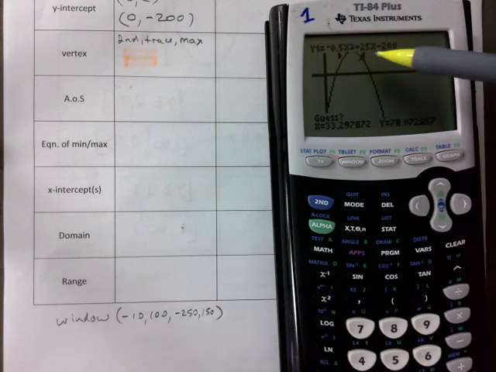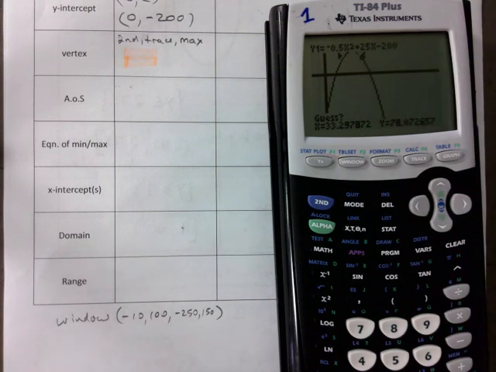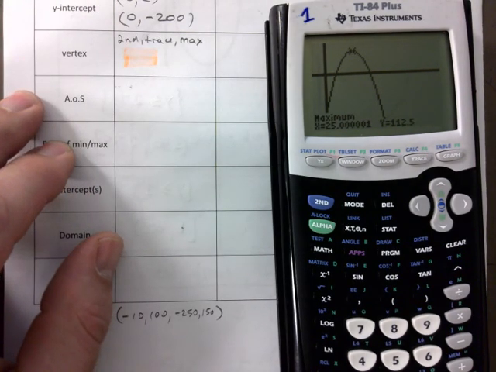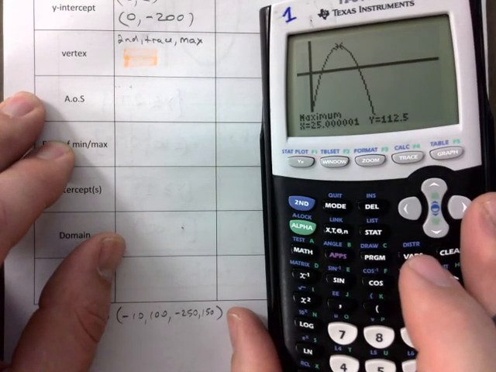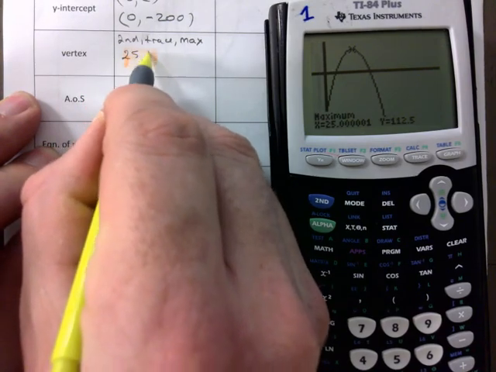Notice you see those two arrows here? As soon as you press enter, there's an arrow. It's saying the vertex is in between these two arrows. That's what you're telling the calculator. And so when you press enter, you get 25, 112.5. No rounding really. It's a perfect scenario for you.